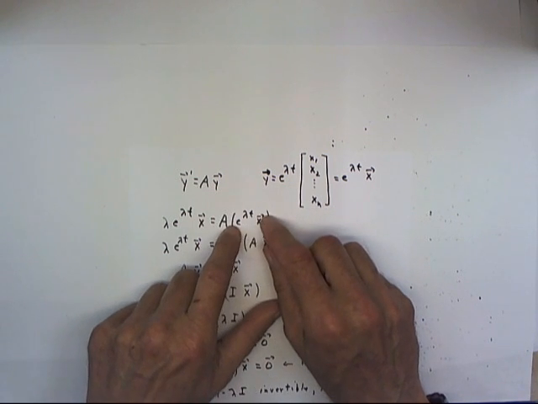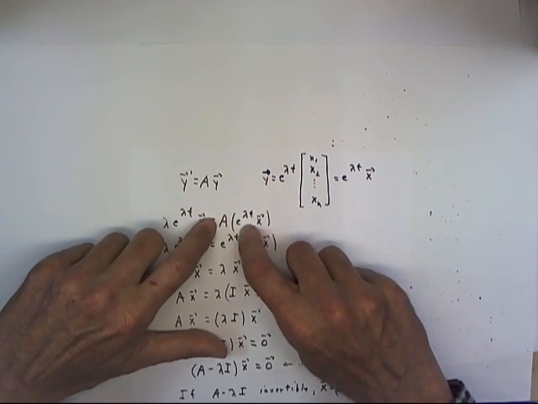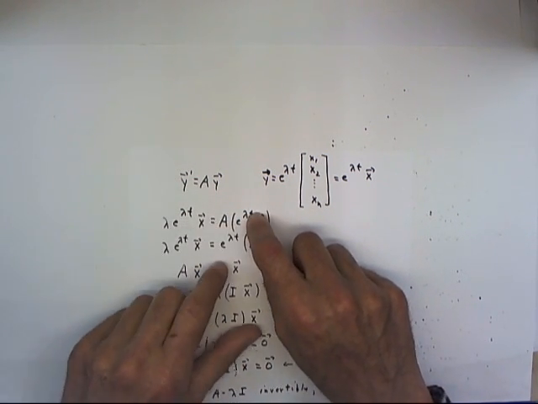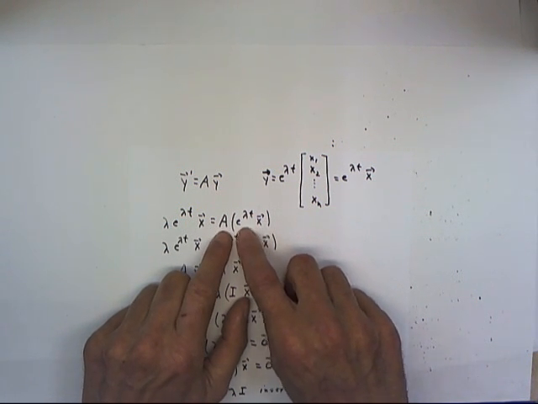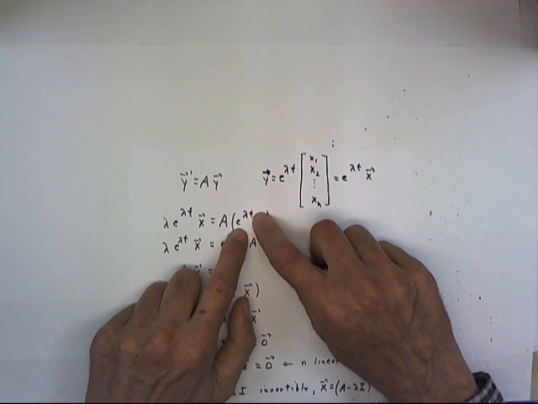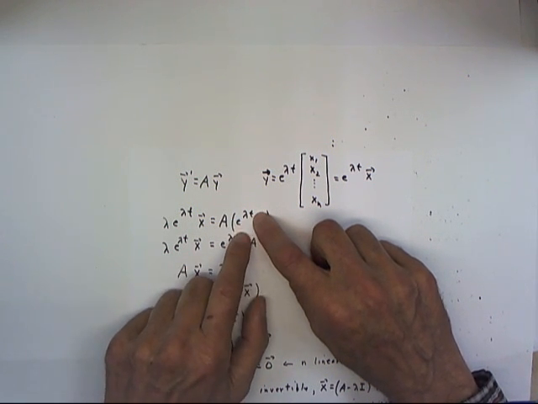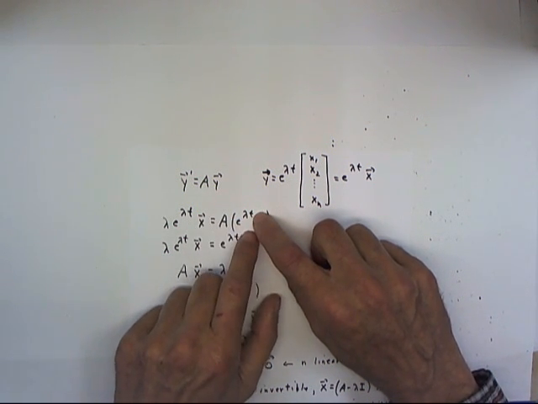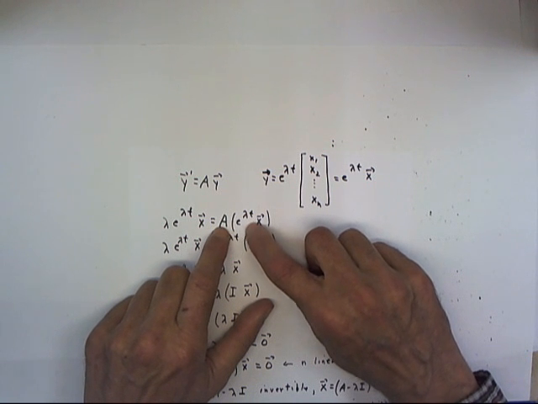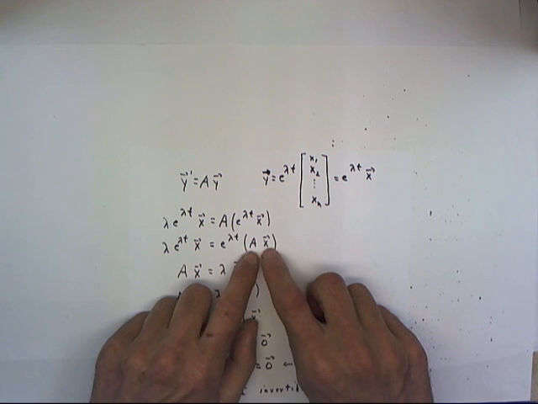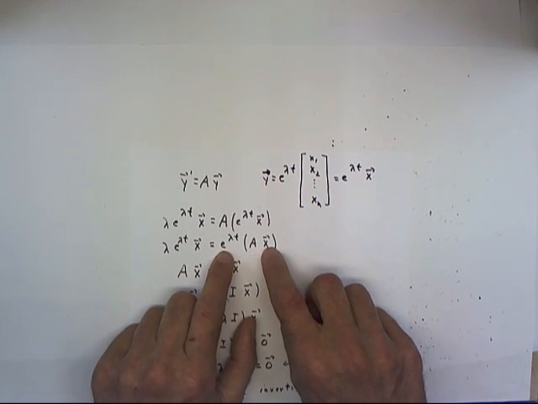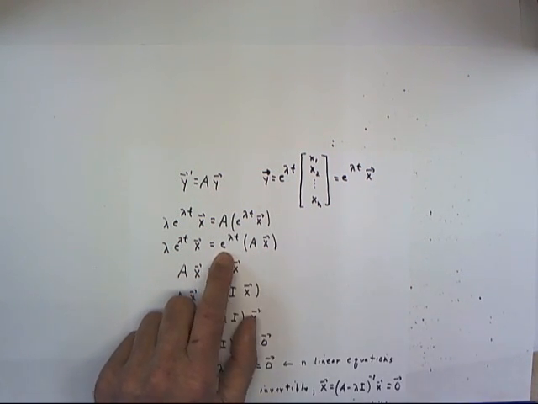Formally, we have an associative law that allows us to multiply A by the e to the lambda t. That multiplication, unlike matrix multiplication, remember e to the lambda t is just a single number for any value of t, is commutative, so we can switch A and e to the lambda t. And then we can apply an associative law to group A with x, and now we've got e to the lambda t out in front.